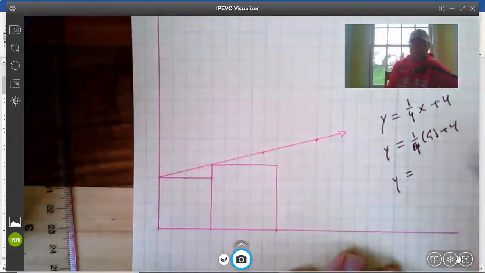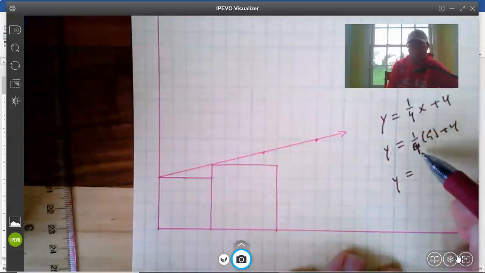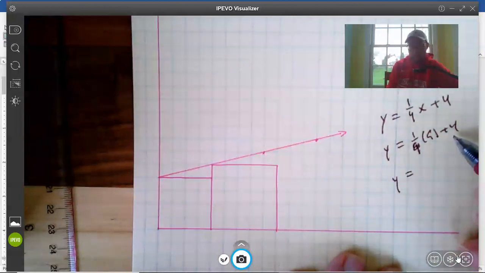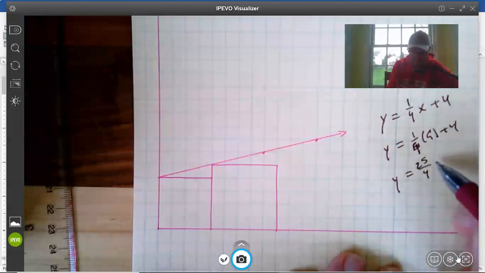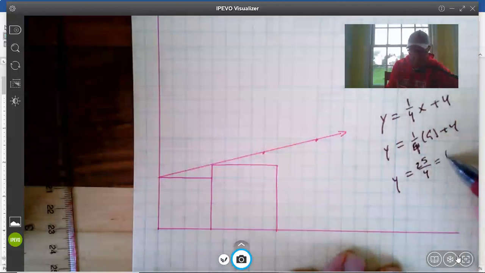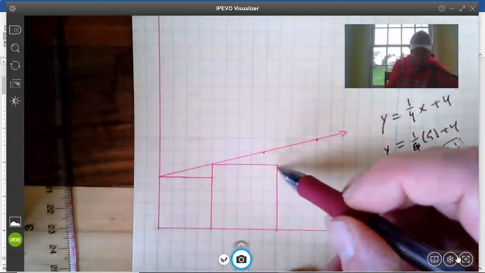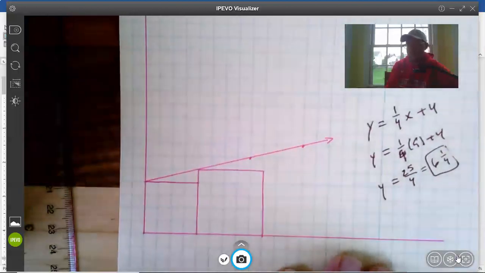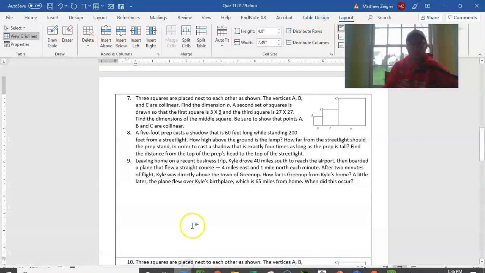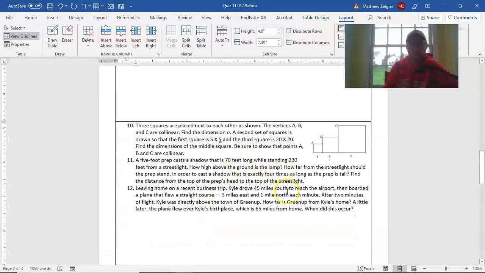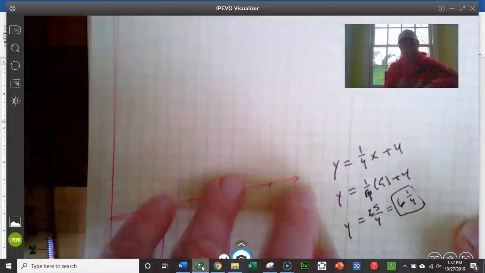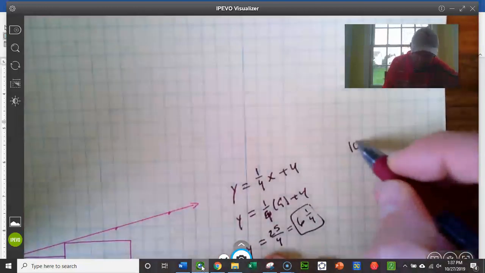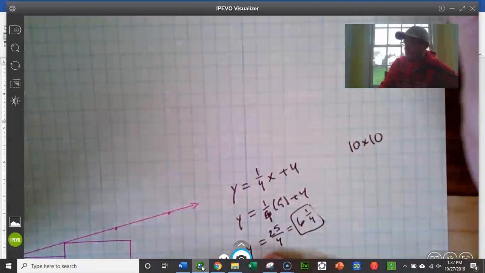So that is 9/4 plus 16/4 is 25/4, which is 6 and 1/4. That works. And the next part is the square is 5 by 5 and 20 by 20. So the in-between square will be a 10 by 10 square.